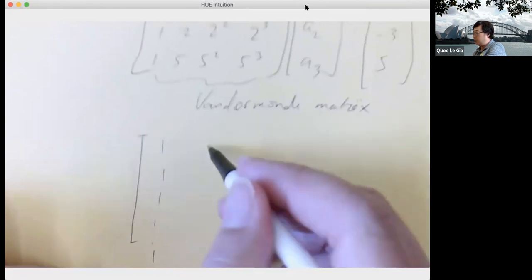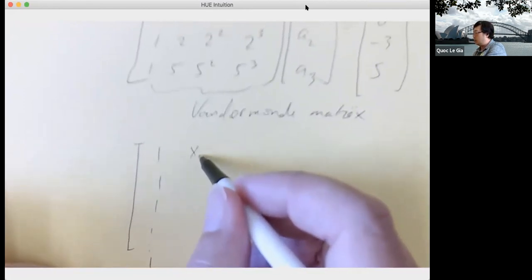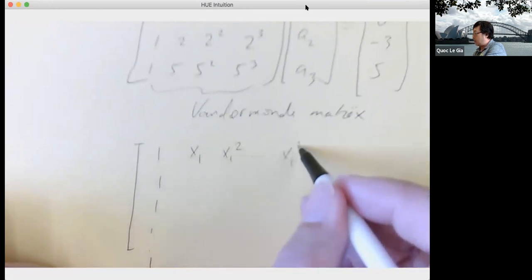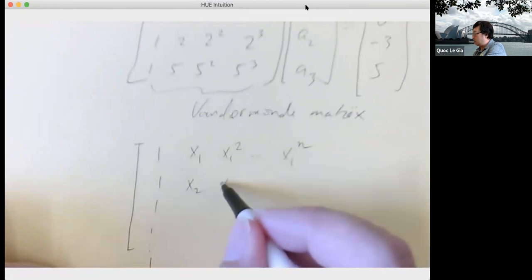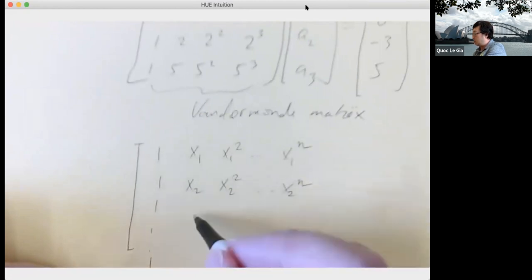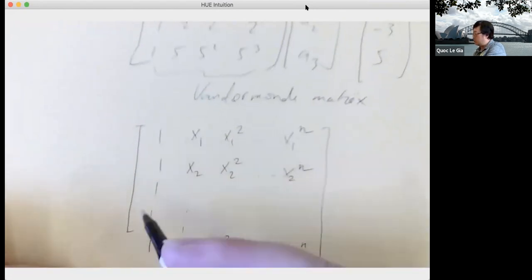And then you have x, in our case, x1, yeah. x1 squared, up to x1 to the n, and x2 squared up to x2 to the n, okay. And then xn squared up to xn to the n. So this one is the general Vandermonde matrix.